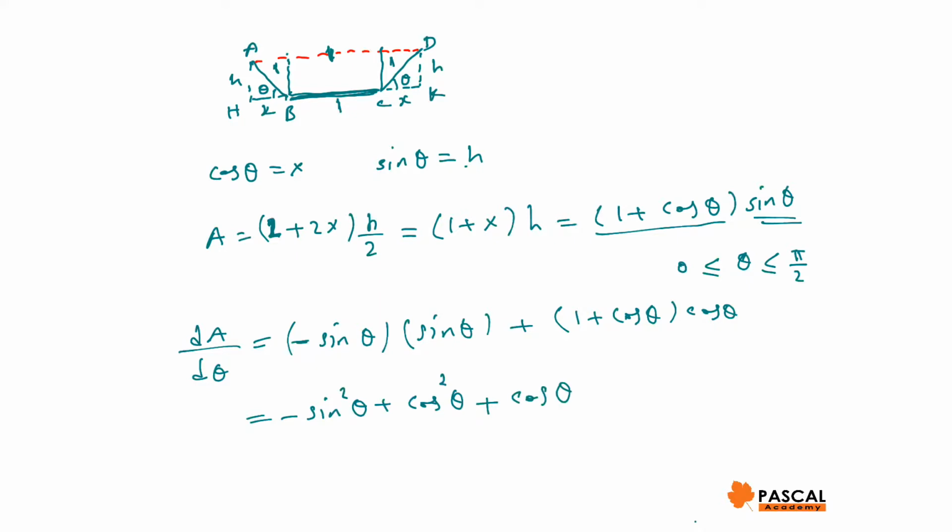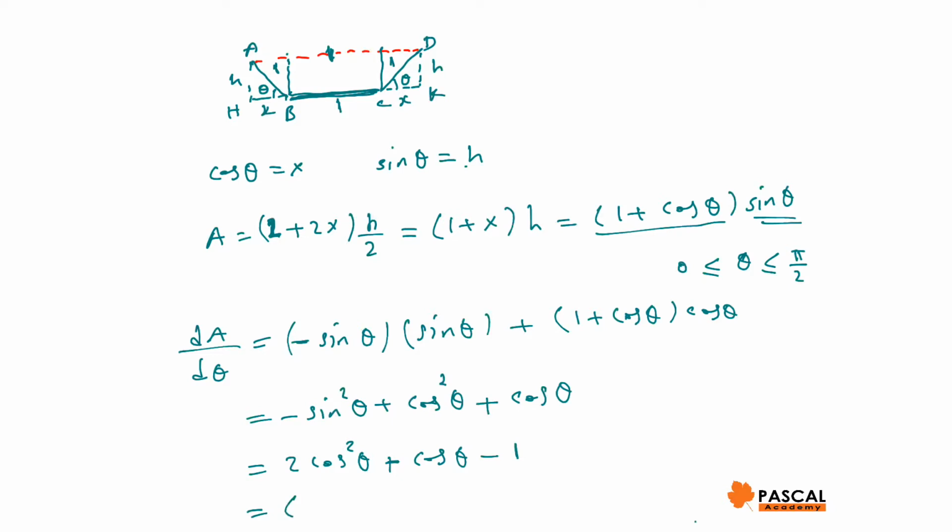Cos squared theta minus sin squared theta can be written as 2 cos squared theta minus 1. Therefore, the derivative of the area is 2 cos squared theta plus cos theta minus 1.